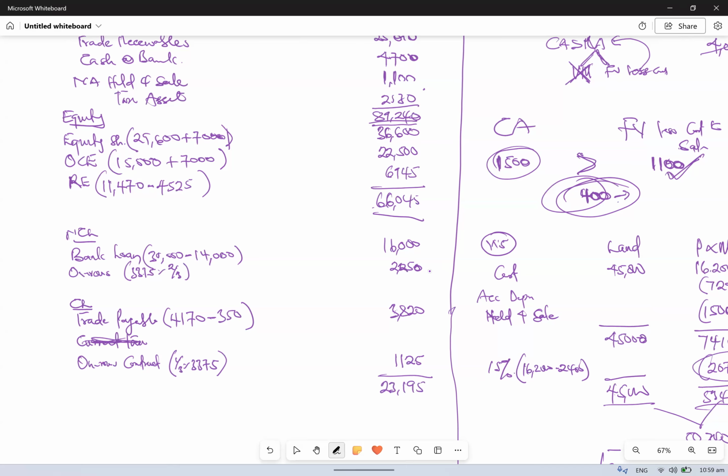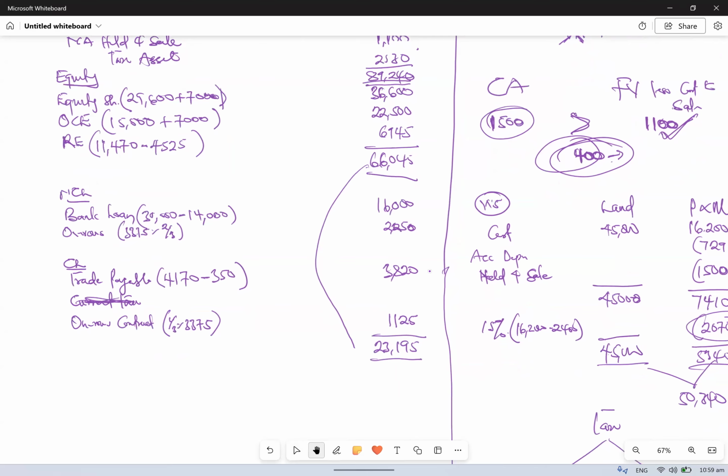So let's add it to the equity and see if we can get our 89240. 89240. Good. Okay, that's it. All right, so this is it. That ends this section of the publication.